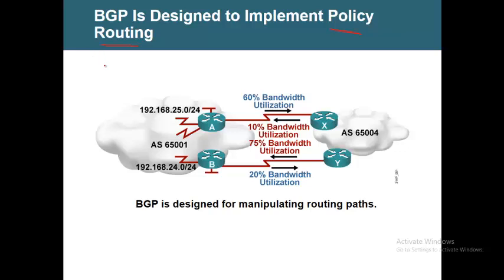This is just an example. They are trying to help us understand what is policy in routing. This is one server. This is another server. There is traffic going and coming.